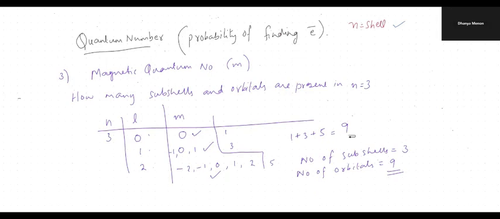Students, if they ask you for the number of orbitals in a shell, it is given by n square. Just in competitive exams, if you have to save time, you can use this formula instead of doing this lengthy way. What is n over here? Our n is 3. So 3 square gives you the same answer.